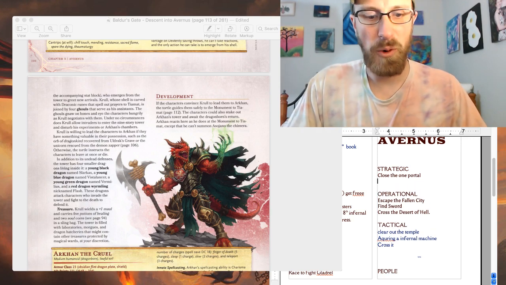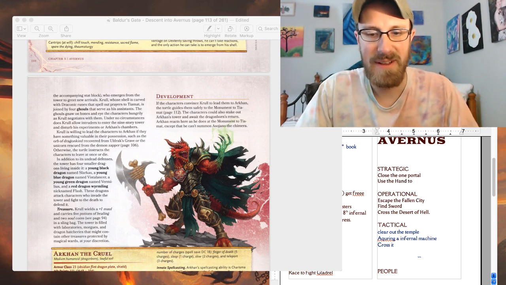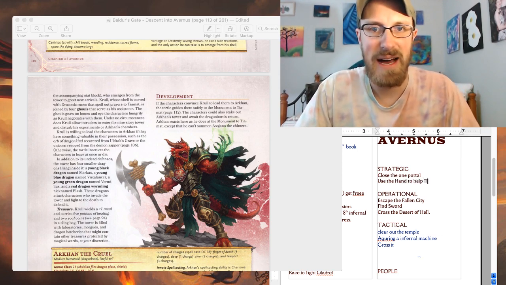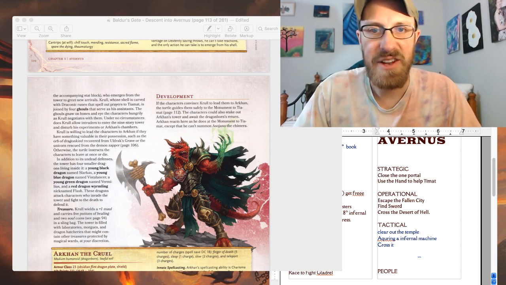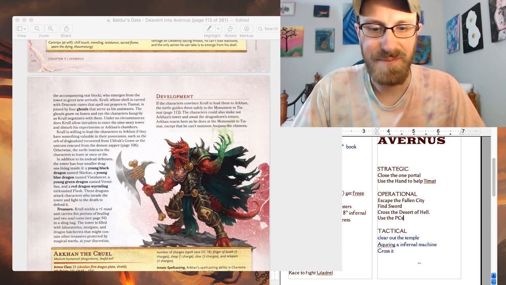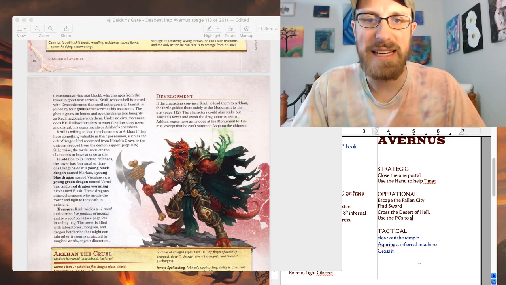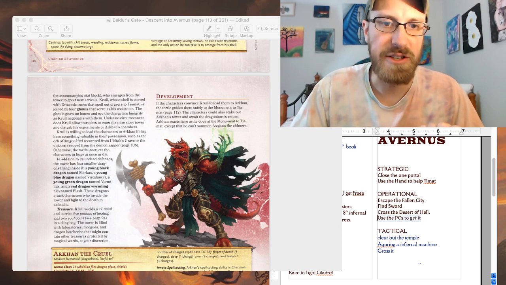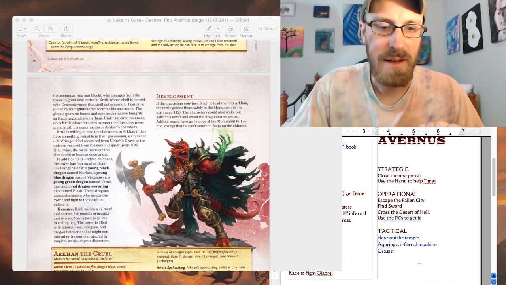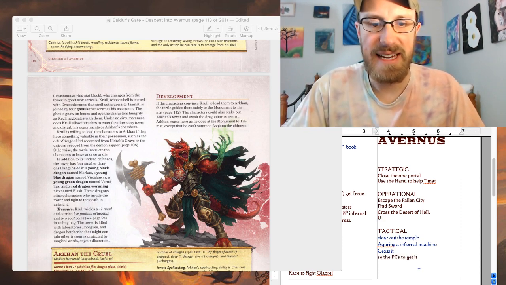He wants to use the hand to help Tiamat. And his operational goal is to use the PCs to get it. That's actually probably more of a tactical goal, right? He tries it one more time, right? He uses the PCs to get info.